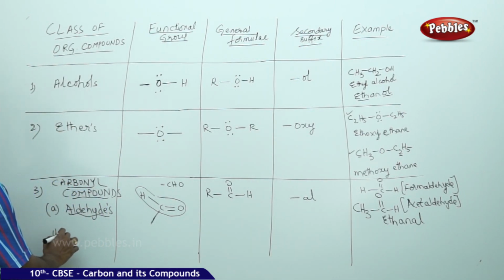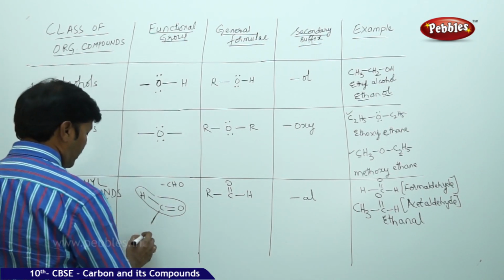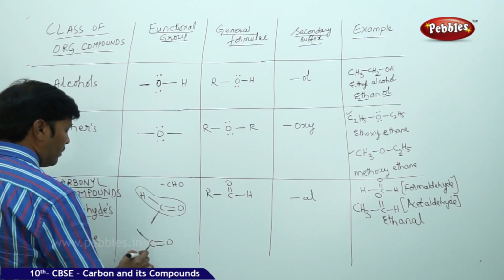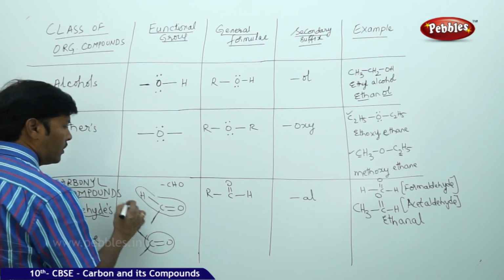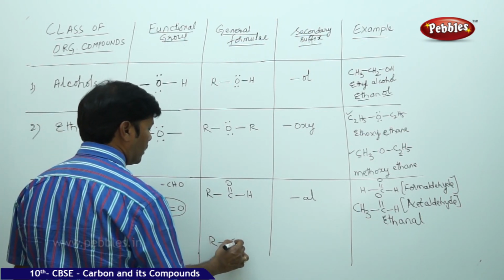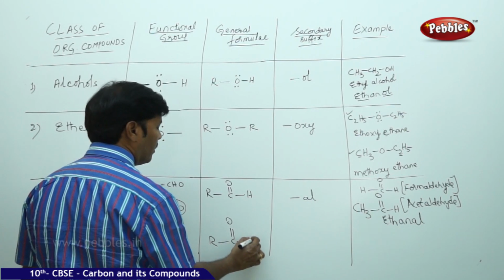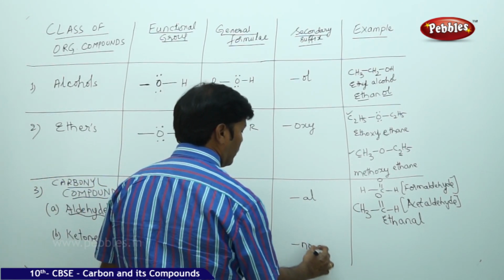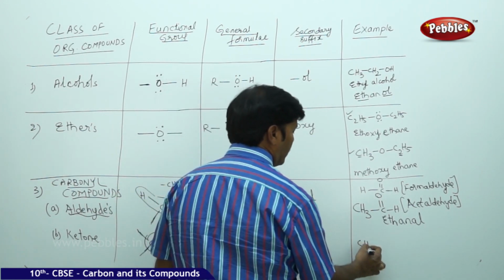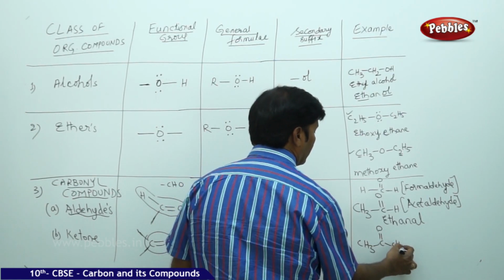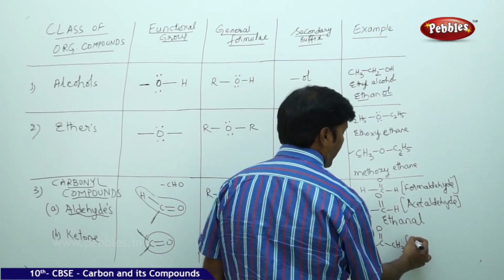Next case is ketone. The functional group is simply the carbonyl group. So here the general formula is R-C double bond O-R. The secondary suffix is one. As an example, you can take CH3-C double bond O-CH3.